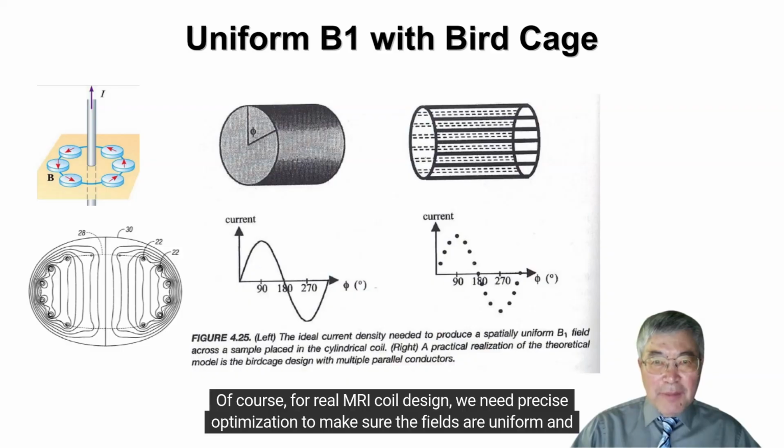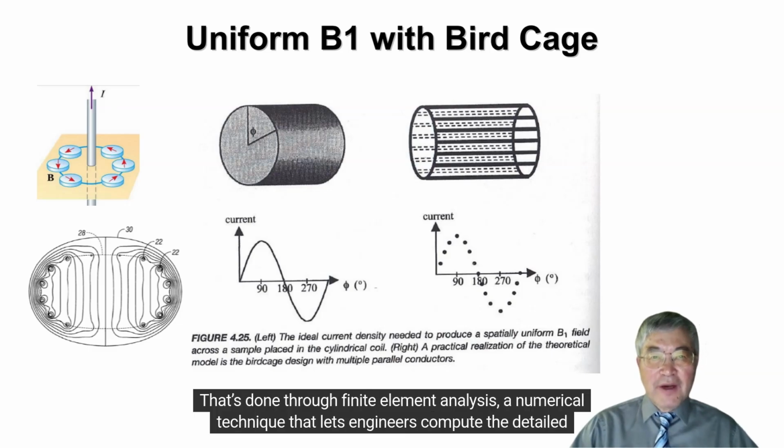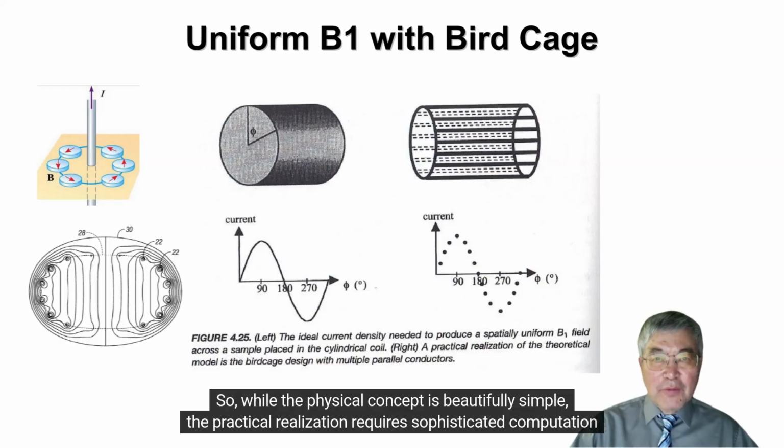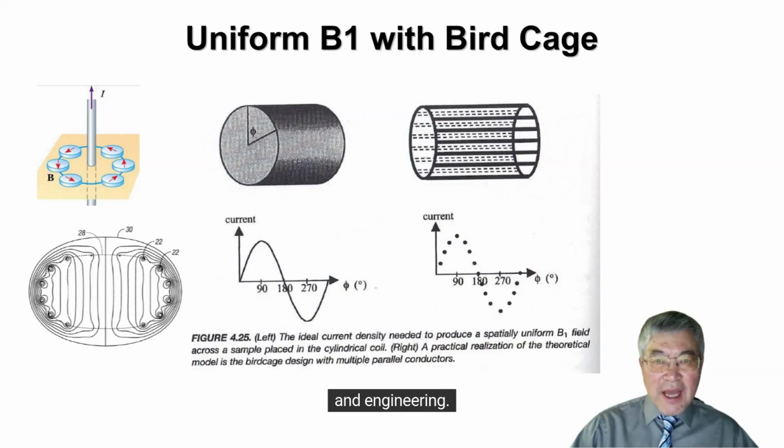Of course, for real MRI coil design, we need precise optimization to make sure the fields are uniform and stable. That's done through finite element analysis, a numerical technique that lets engineers compute the detailed magnetic field distribution and fine-tune the geometry of the coil. So, while the physical concept is beautifully simple, the practical realization requires sophisticated computation and engineering.